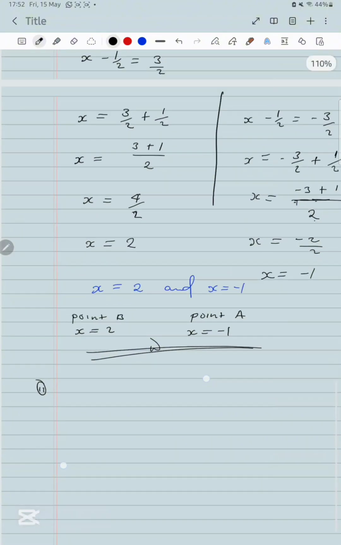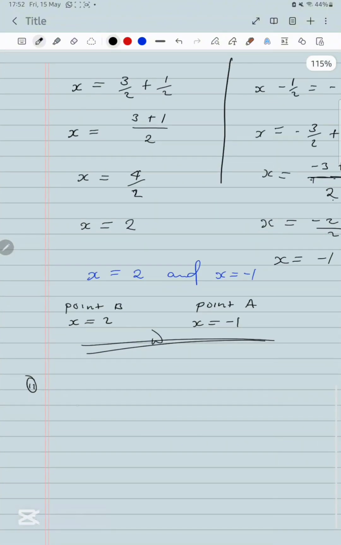The equation is y is equal to -4 open x minus 1/2 close squared plus 9.